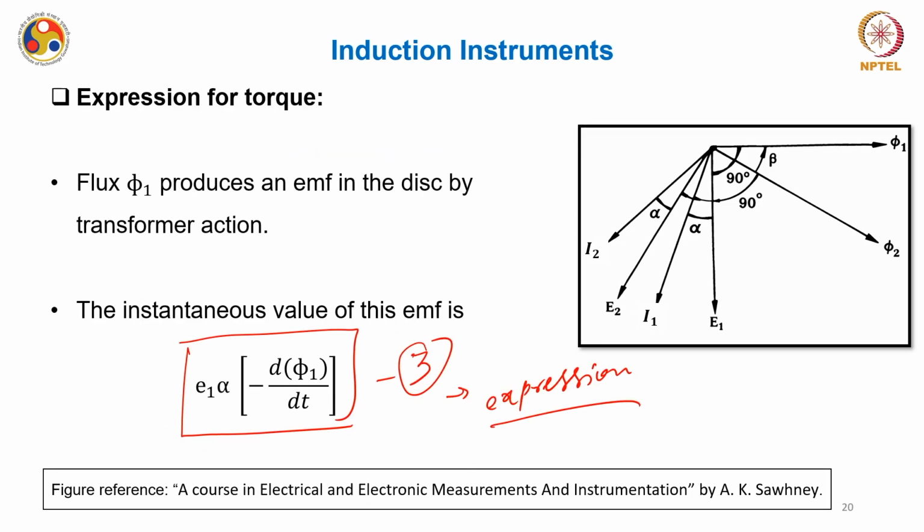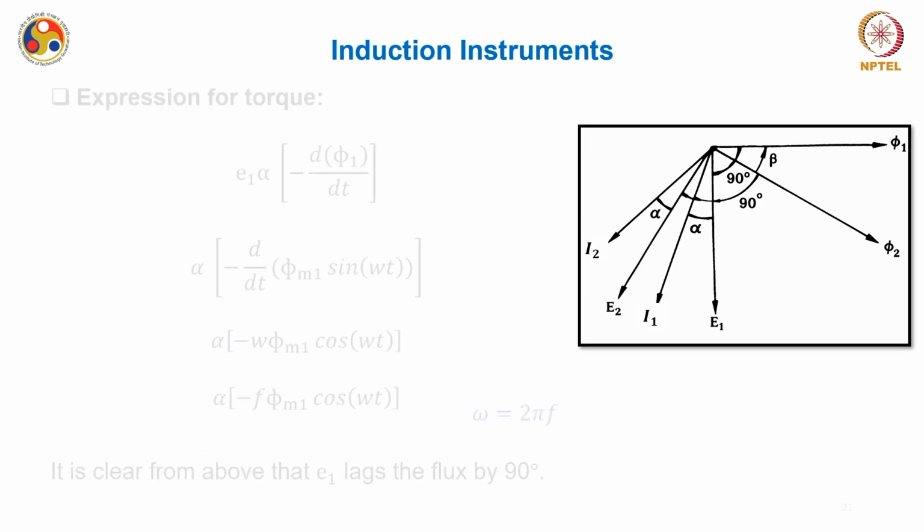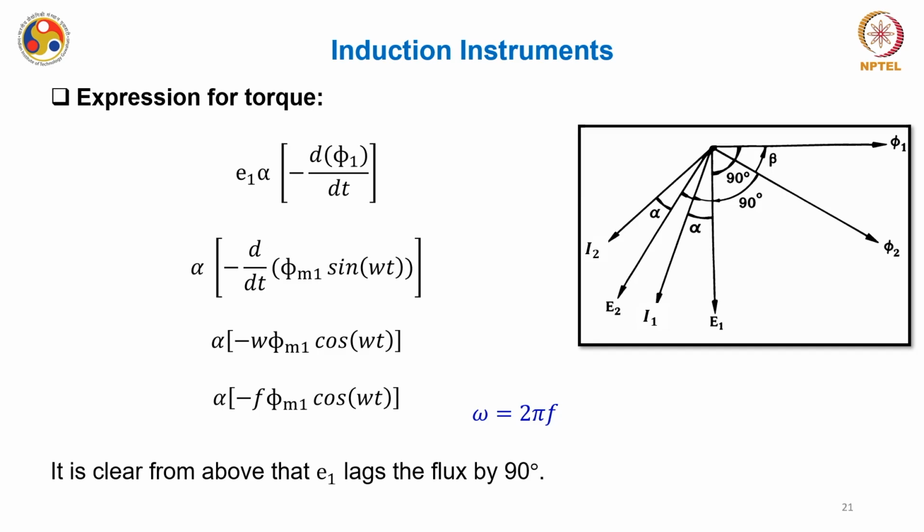So I will put this value of phi 1 into that expression, and then E1 is directly proportional to minus d by dt of phi m1 into sine omega t.